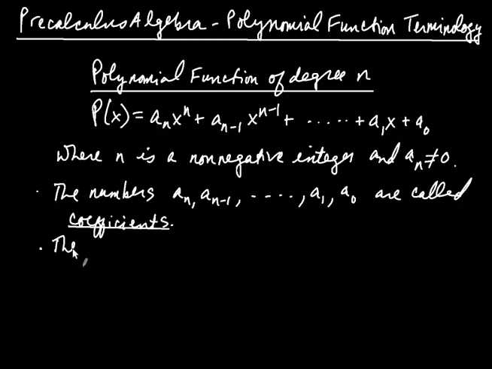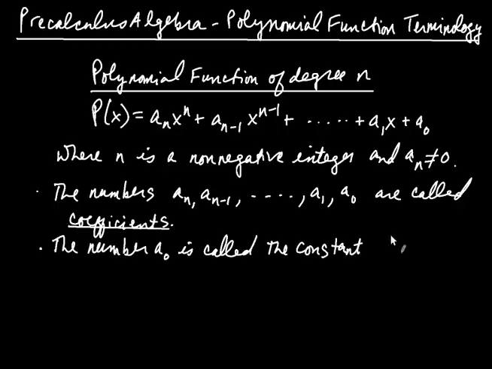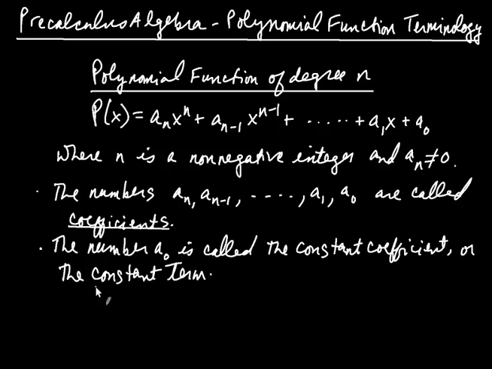So the number a naught or a sub 0 is called the constant coefficient, or the constant term. You'll hear that as well. Okay, that's what we call a naught.